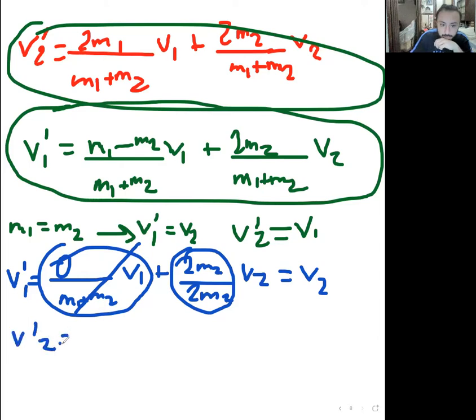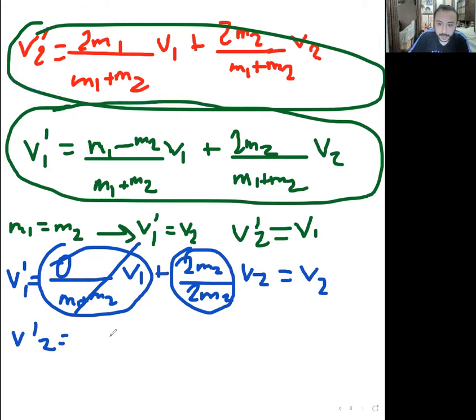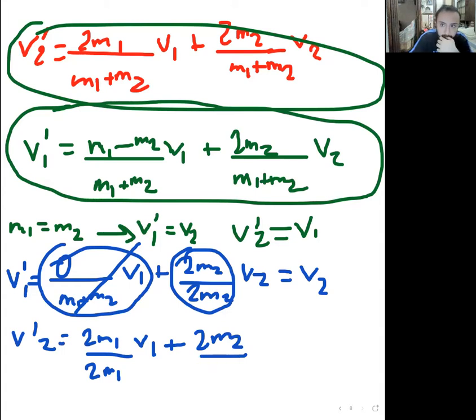And v prime 2, you replace in this formula here. Actually, in the formula, it's m2 minus m1.